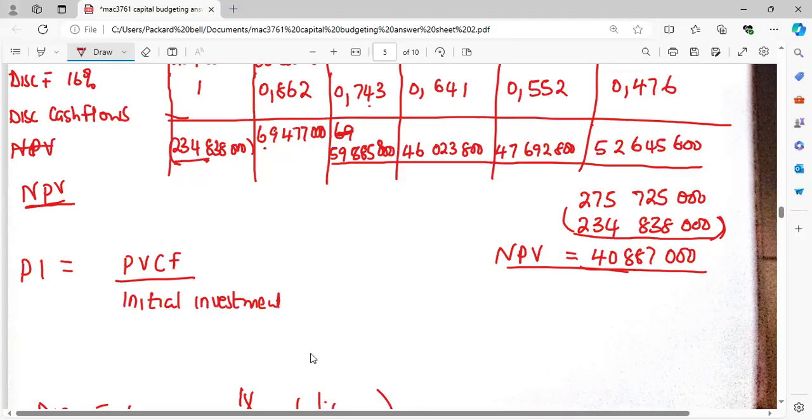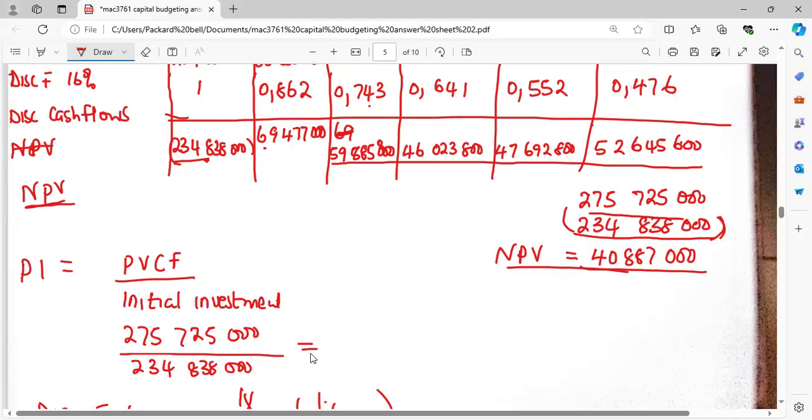So which means the present value of our cash flow is 275,725,000 over 234,838,000. So that is going to be our profitability index.